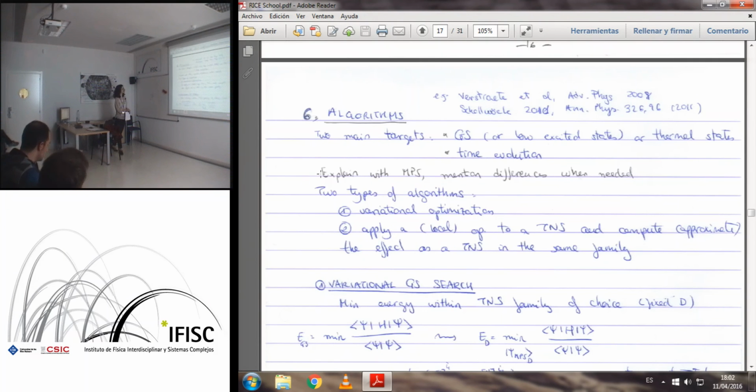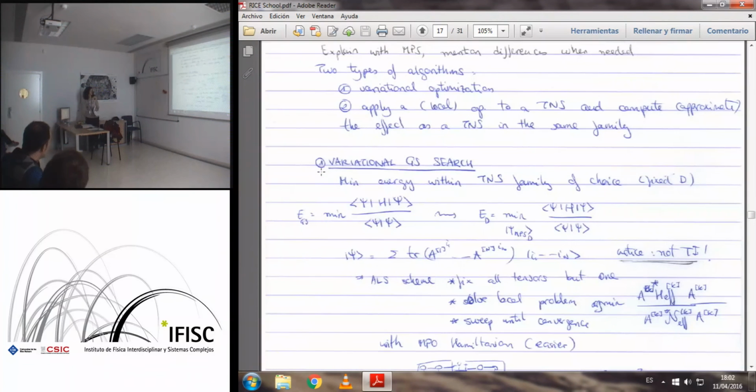The other one is how to apply a local operator on a tensor network, typically a matrix product state. You want to act on it with some relatively local operator. By local I don't mean single site, because that would be trivial, but say a two-site operator. Whenever you act on more than one site, your bond dimension increases, but you want to approximate the resulting state as a tensor network of the same form. So these are typically the two kinds of operations that we can do.